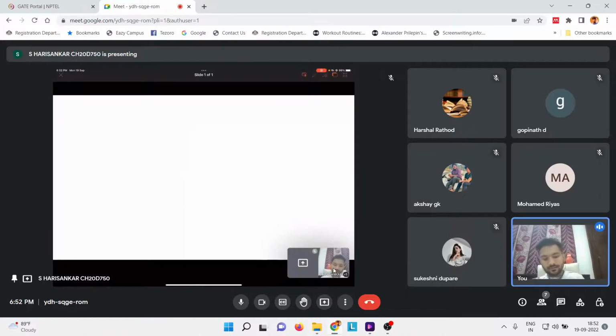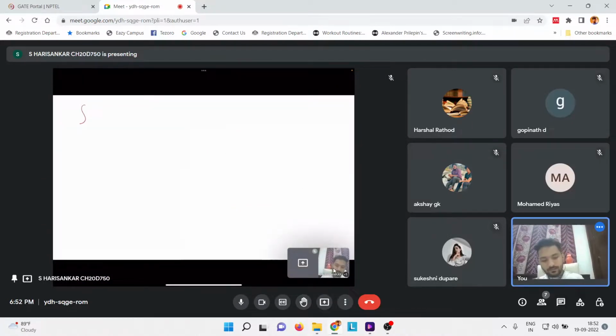So here the integration is integral 1 by 1 minus xa the whole square. So this is basically integral of 1 minus xa the whole raised to minus 2. Integration of x raised to n is basically x raised to n plus 1 by n plus 1.